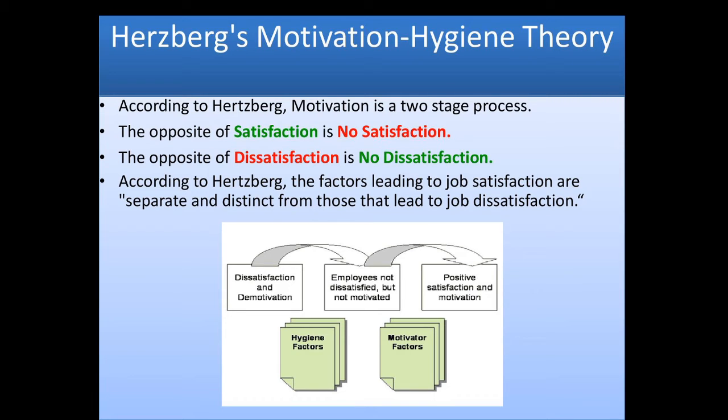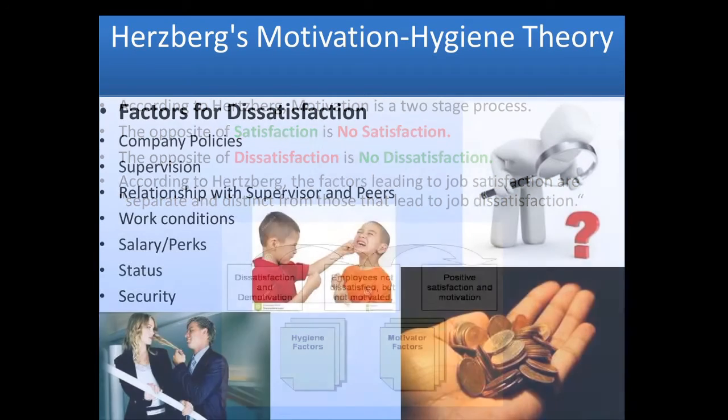According to Herzberg, the factors leading to job satisfaction are separate and distinct from those leading to job dissatisfaction. Please understand. Factors leading to dissatisfaction are separate and distinct from those that lead to job satisfaction. Don't be confused now itself.